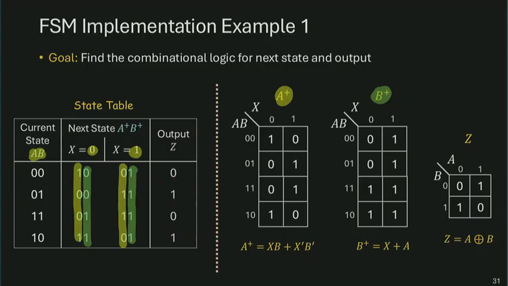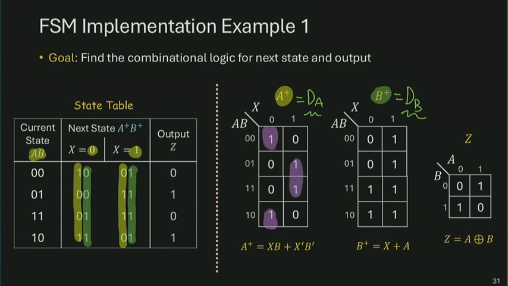Now the question is, how do I implement those next state functions in terms of the current state and the primary inputs? Additionally, we know that A plus equals DA, B plus equals DB, and DA and DB are what I need to implement. So I just find the minimum expression from each K-map. Top and bottom wrap around the implicant, and this one.